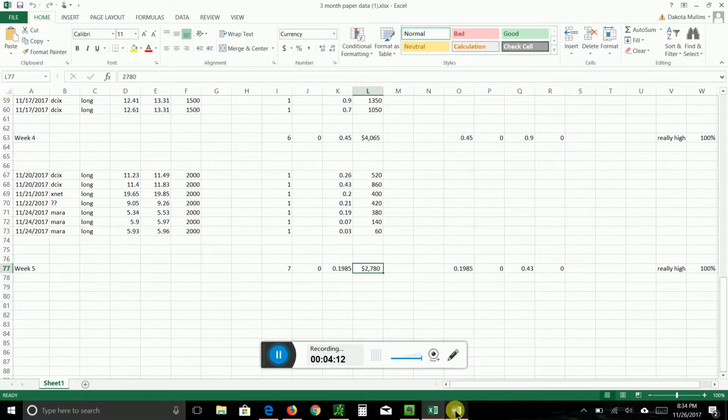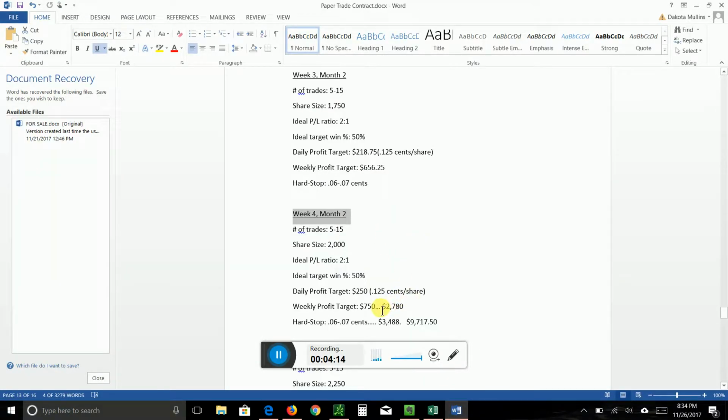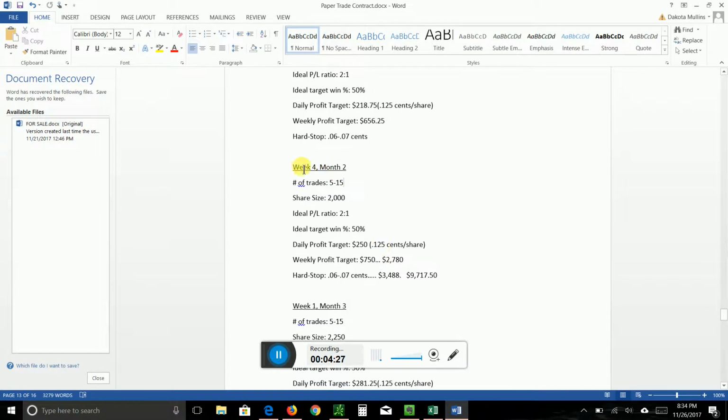2,800 was actually only going for 750 this week. This week was a short week due to Thanksgiving, and Friday was only half a day.